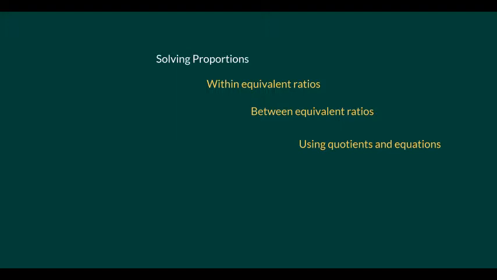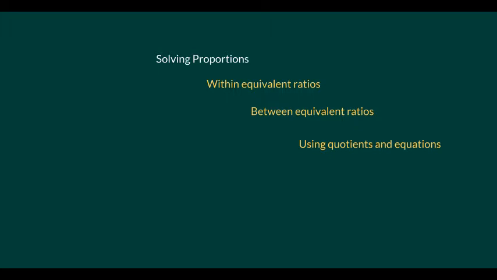So these are multiplicative relationships. And sometimes you want to have the relationship to have equivalent fractions or ratio. Those relationships are within the ratio. So between two ratios there are relationships.